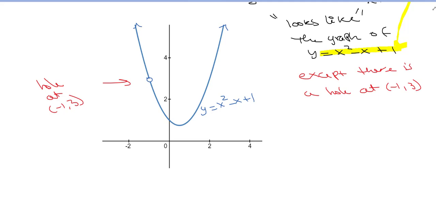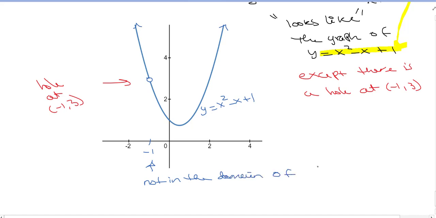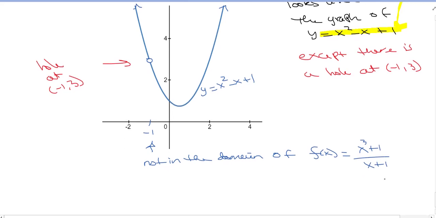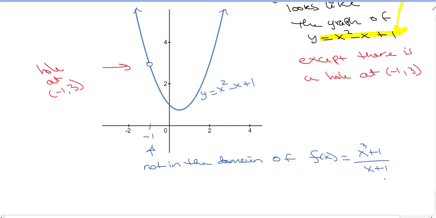X cannot be -1, right? -1 is not in the domain of f of x. So hopefully that is making sense. This is a pretty tough concept sometimes to grasp in calculus, the idea of the limit. I like to use graphs to show you what the limit means.